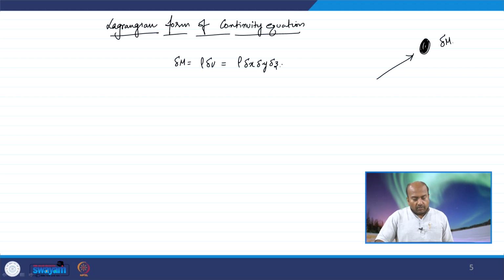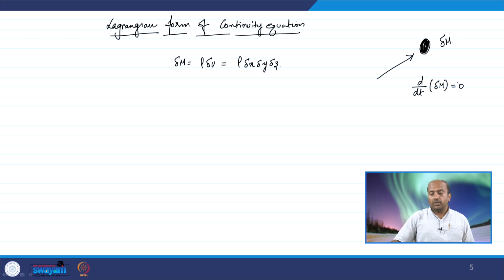For the conservation of mass, this delta m needs to be a constant. For the conservation of mass, this delta m has to be maintained constant. So if I simply write d/dt of delta m equals 0, this becomes the continuity equation, right? But this is the trivial case in which you are necessitating a condition in which mass is maintained constant, so it's not changing with respect to time.